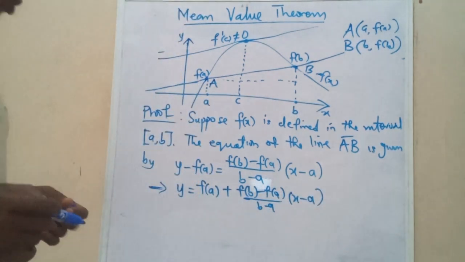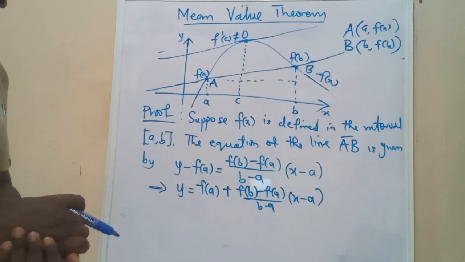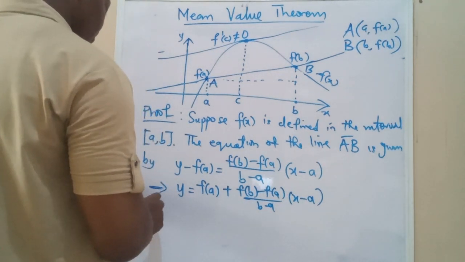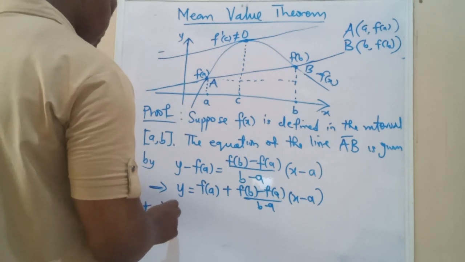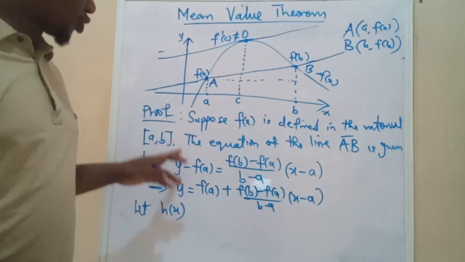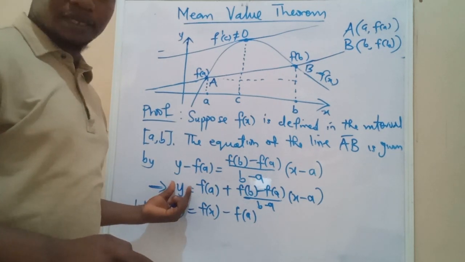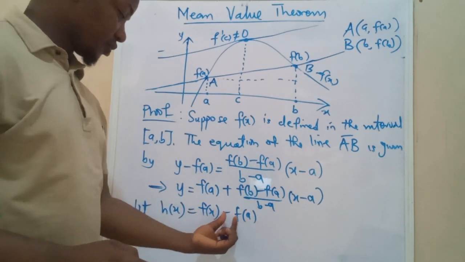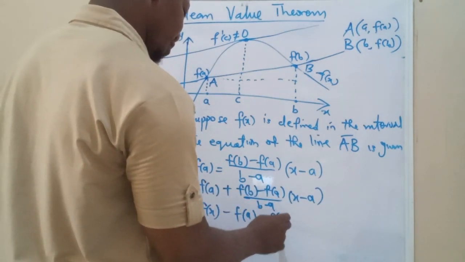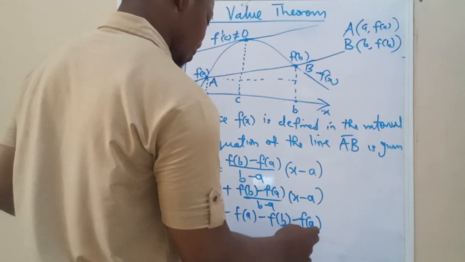Okay, so let's call this a particular equation, and also let's define h of x as a function that represents the difference between this f of x and the entire y. So this will be f of x minus the entire thing here, and that will be f of x minus f of b minus f of a all over b minus a.